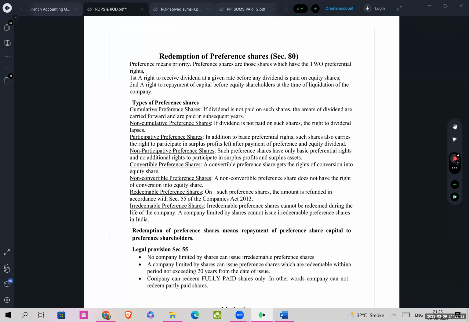The priority given to preference shareholders is the right to receive dividend at a given rate before any dividend is paid on equity shares, and the right to repayment of capital before equity shareholders at the time of liquidation of the company.